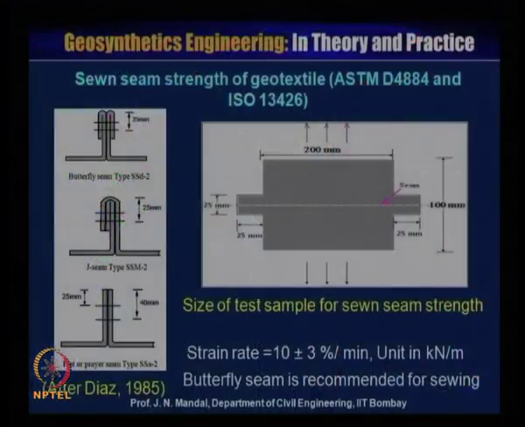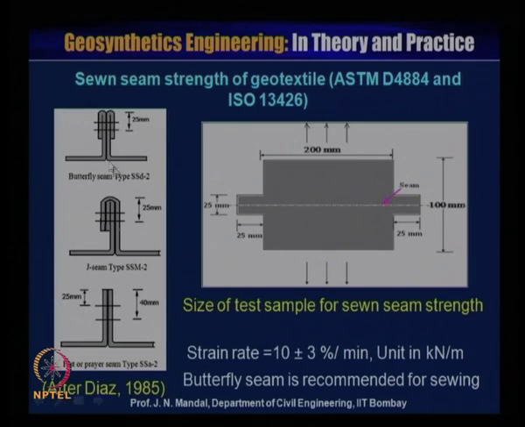Now when you join the geotextile material in the field, there are different types of joining. One is the butterfly seam type, that is SSd-2, or it may be the J seam type, SSn-2, or the flat or pair seam type, SSa-2.